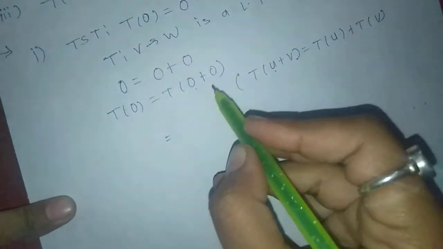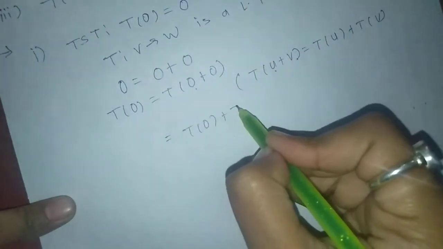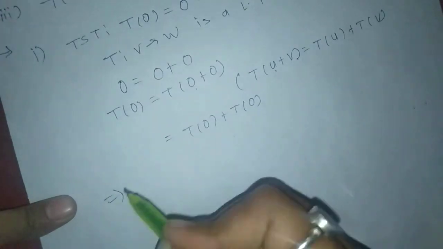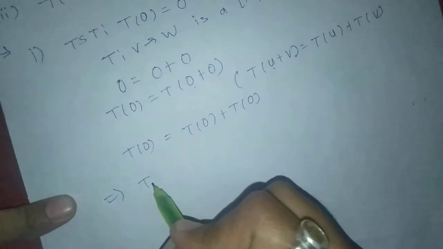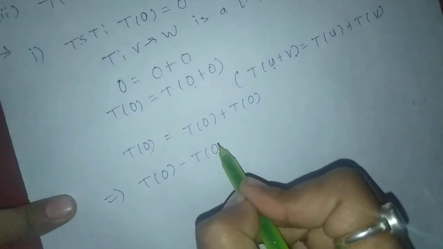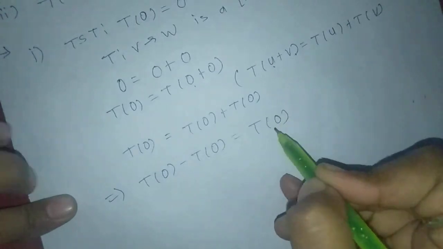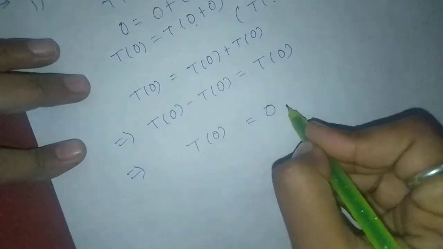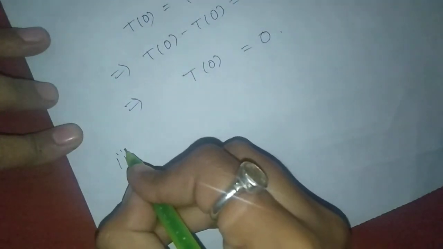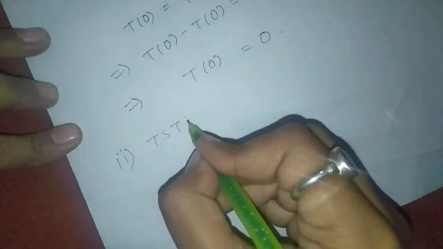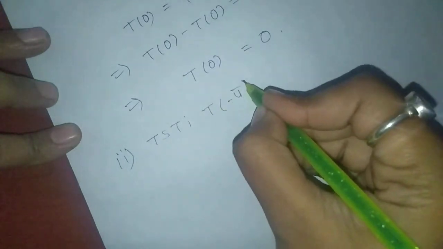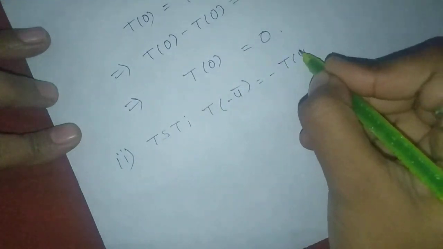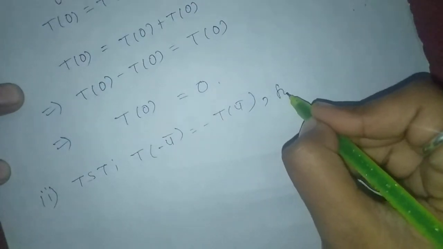So T of 0 plus 0 is T of 0 plus T of 0. We get T of 0 minus T of 0 equal to T of 0, which implies T of 0 equal to 0.